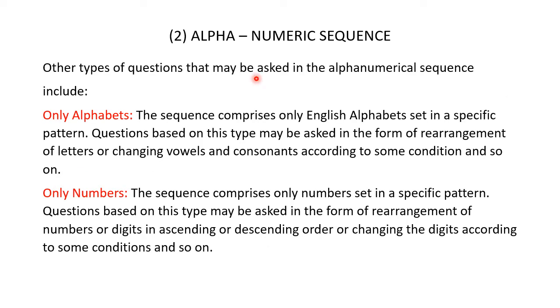Other types of questions that may be asked in the alphanumerical sequence include sequences that consist of only alphabets or sequences that consist of only numbers. In the sequences that consist of only alphabets, the alphabets are arranged in a specific pattern, and questions based on this type may be asked in the form of rearrangement of letters or changing vowels and consonants according to some condition, and so on.